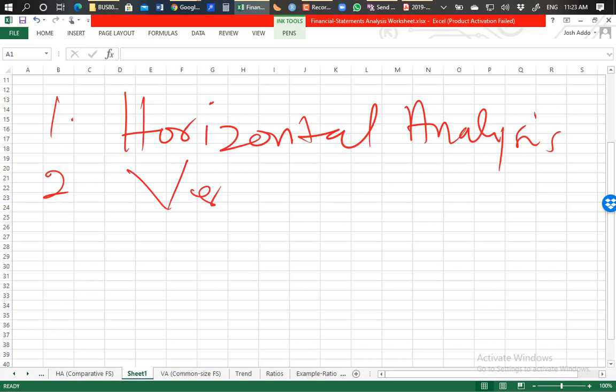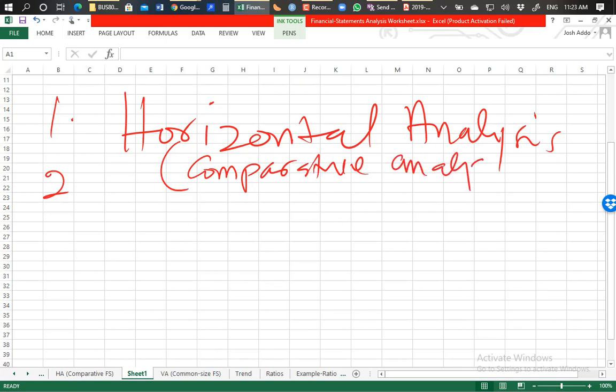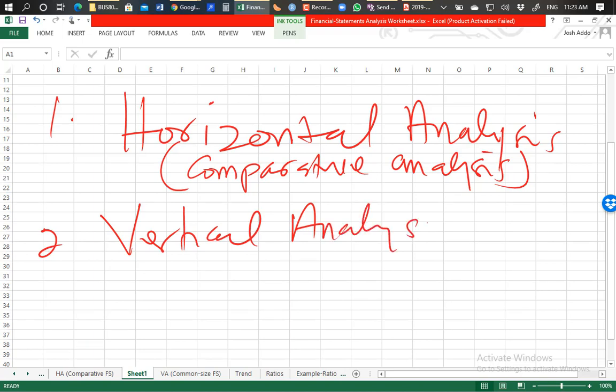The horizontal analysis is also referred to as comparative analysis. Then we will talk about vertical analysis, also sometimes referred to as common size financial statement or common size analysis.